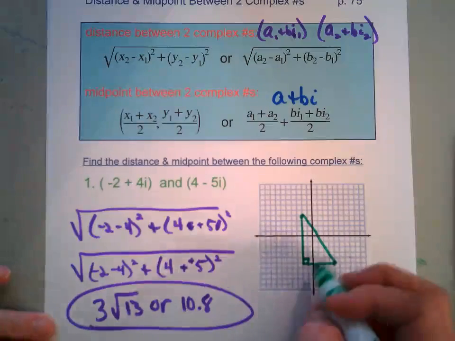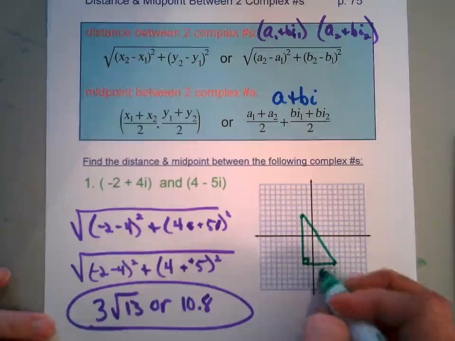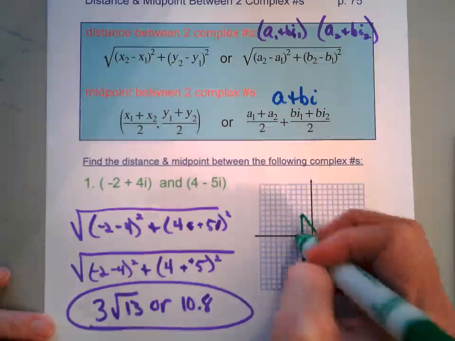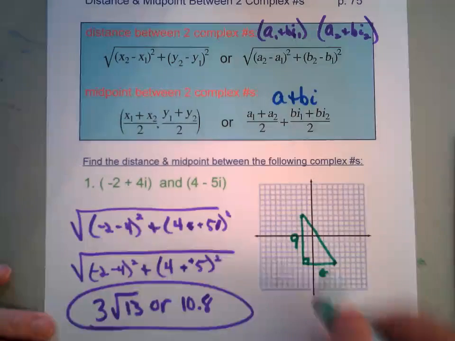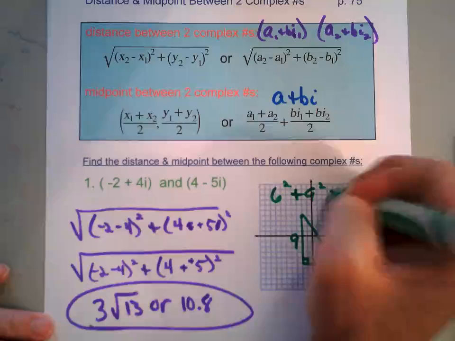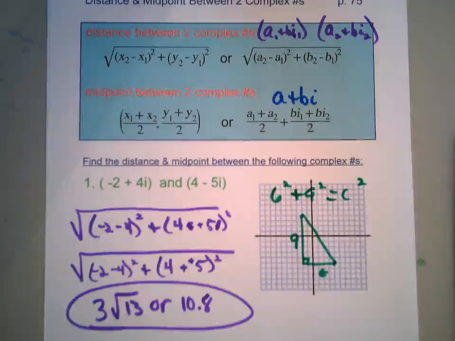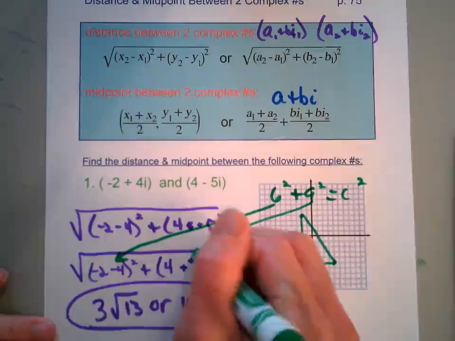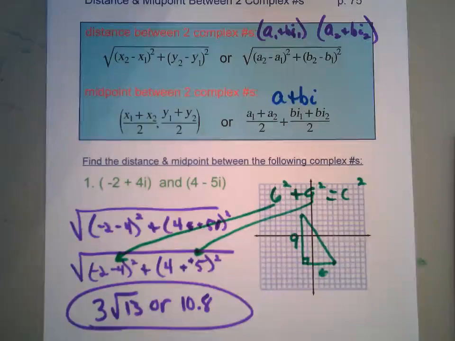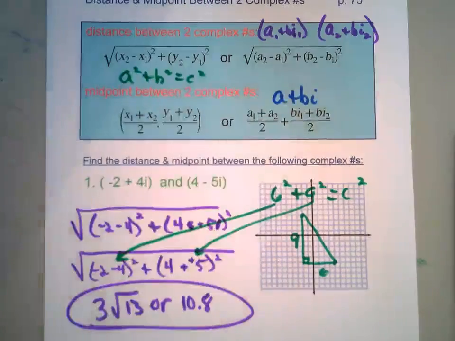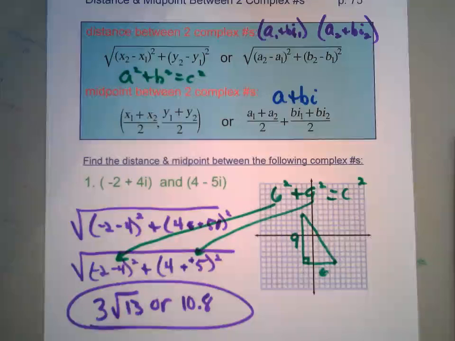If you count this, you get 6 here. You get 9 there. So you can see that you're going to get 6 squared plus 9 squared equals c squared, which would essentially give you the exact same result, because the 6 is negative 2 minus 4, and the 9 is the 4 plus 5. So if you want to use Pythagorean theorem, you are welcome to do so. It's what I prefer to do.